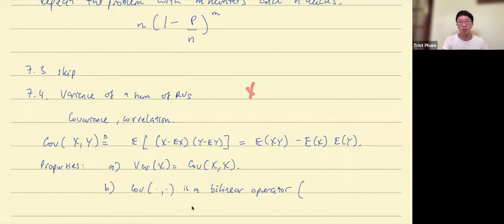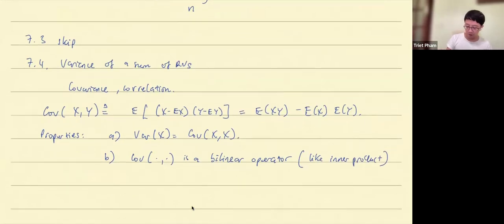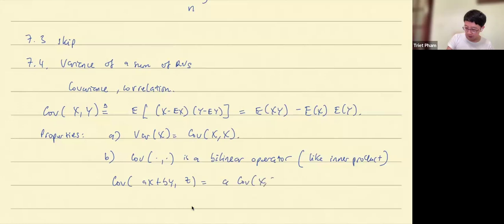Product is bilinear. Inner product is bilinear. So what that means is, for example, covariance of aX plus bY, Z is a covariance of X, Z plus b covariance of Y, Z.